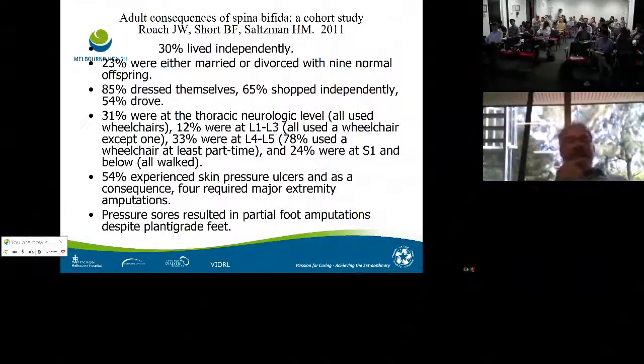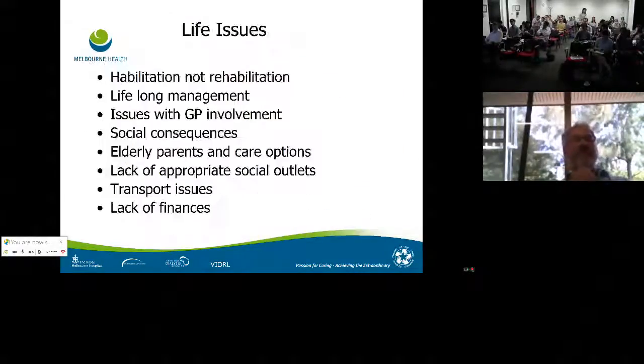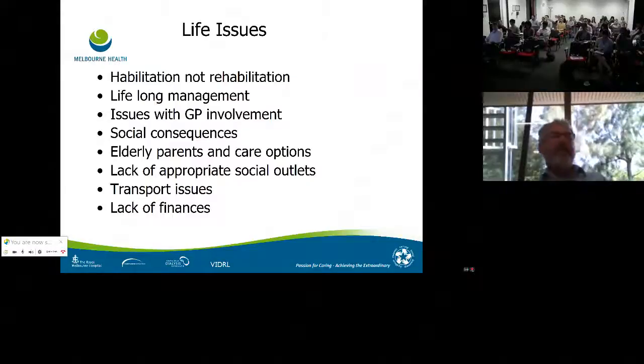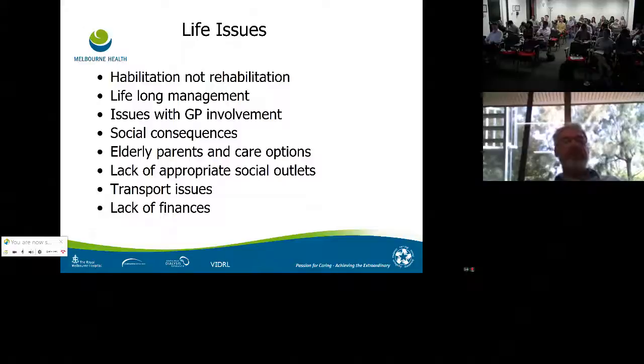So in terms of the life issues, we have to realise that we're dealing with habilitation, not rehabilitation, and it's really extremely important to treat this group in a different way from those presenting with acquired brain injury or spinal cord injury as adults.